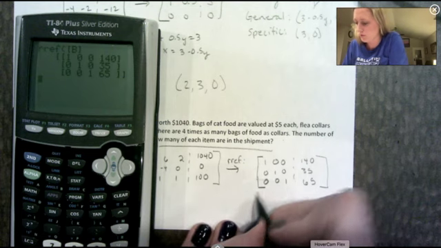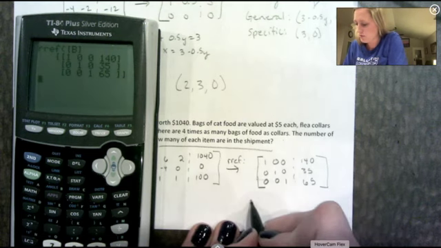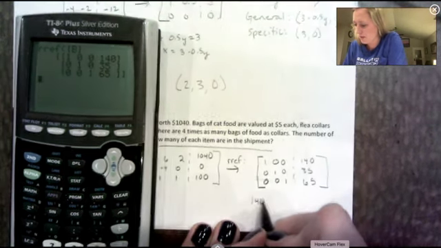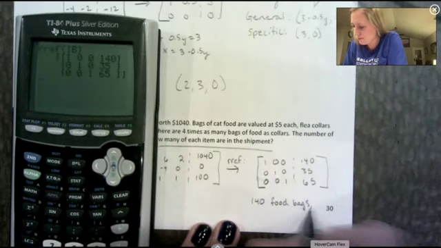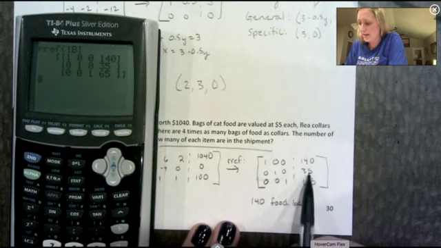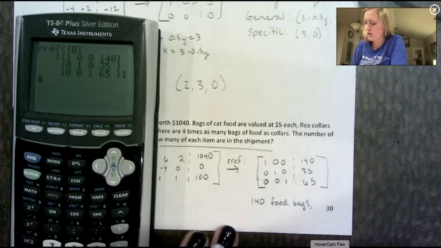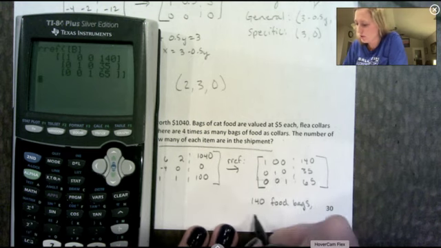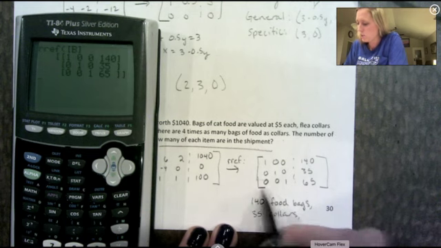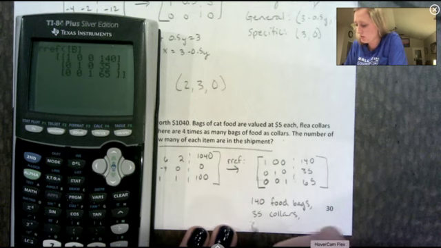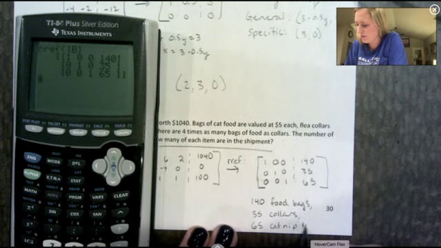Remember, x was the bags of cat food, so we have 140 food bags. We have 1y equals 35. Y was the flea collars, so 35 collars. And 1z equals 65. Z was the catnip toys. So we have 65 of those.